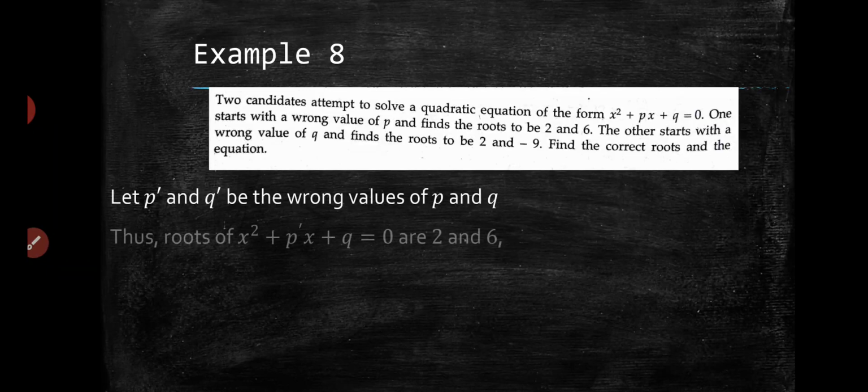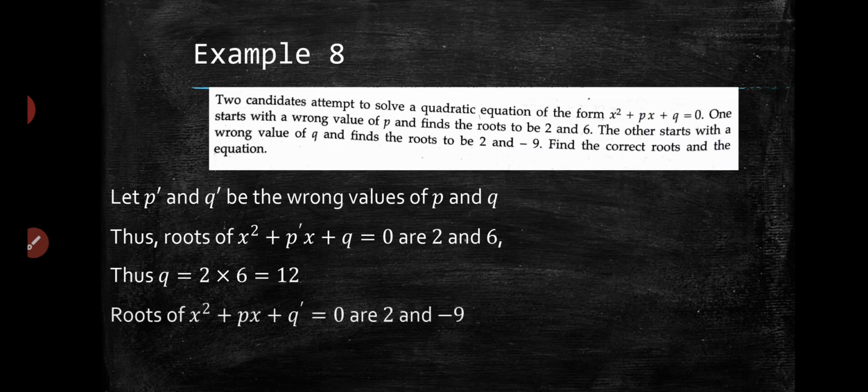In the first case, the equation taken was x² + p dash x + q = 0. Means the value of p is wrong, but the value of q is all right. And the person got the roots as 2 and 6. So from here I can say the product of the roots is 12, and we also know that q equals 12 because q is basically the product of the roots.